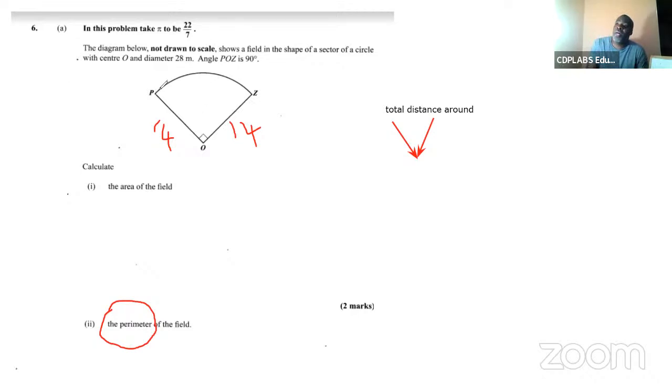So the arc length is a part of the circumference. So the question is then, what fraction of the circumference is the arc length? What fraction of the circumference is the arc length?